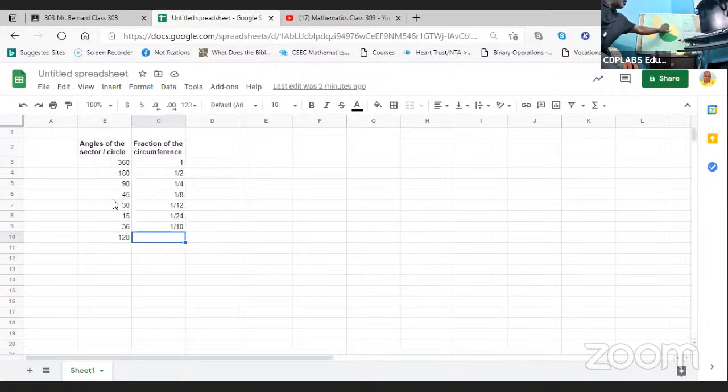So I want to find out what fraction of the circumference is the length of arc for this sector. That's what I want to find out. What fraction is it?